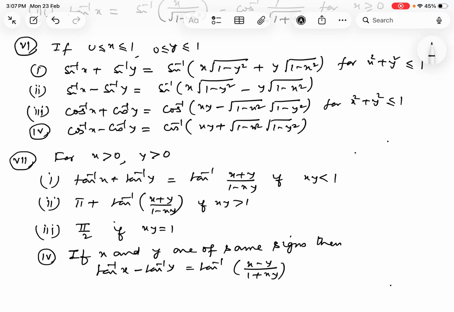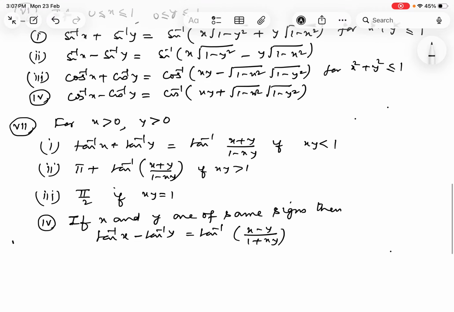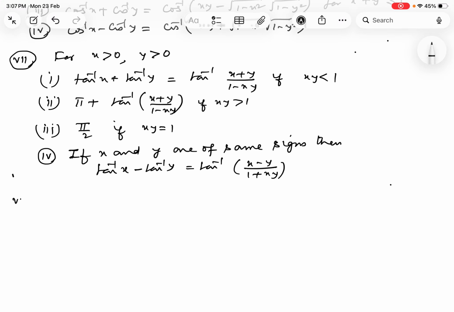This is our seventh result. Now eighth result is 2 sine inverse x.